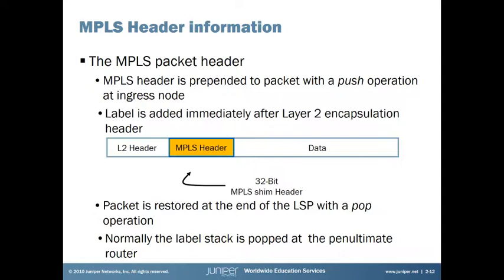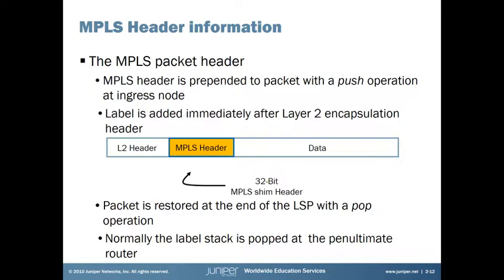Let's just get back to the basic principles of what's happening here. So the first step is that we have our frame. We've got our layer 2 header, and we've got our data, which is of course our layer 3 packet.